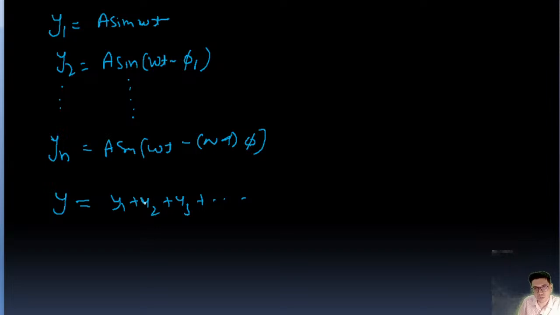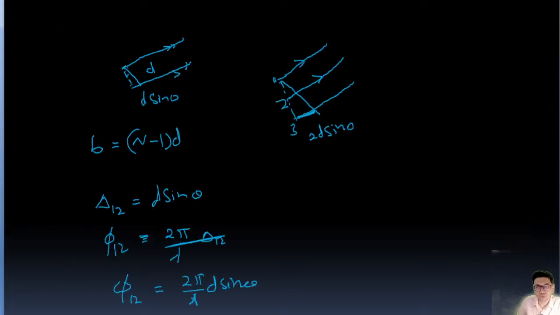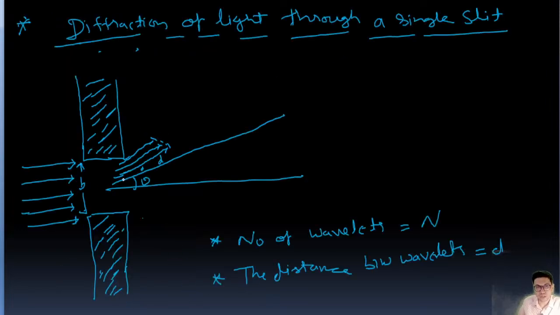Because there are n waves passing through this slit, and this is the angle and the distance between two wavelets is d. What we are studying is diffraction of light through a single slit. So the light is passing through a single slit.